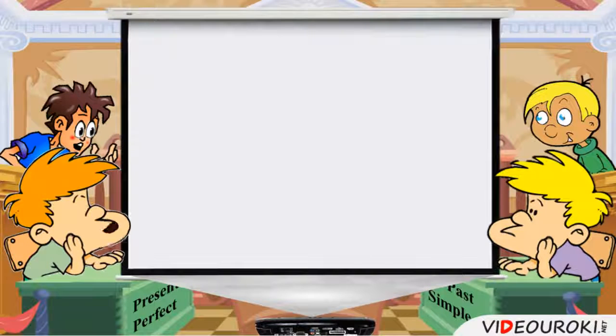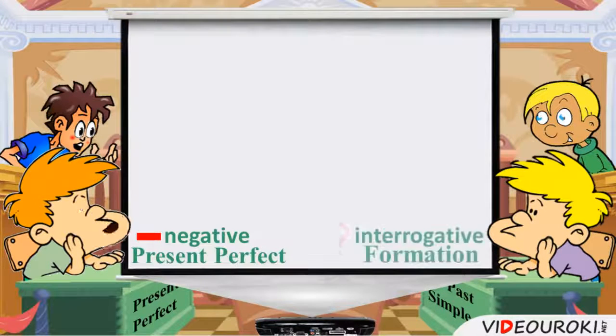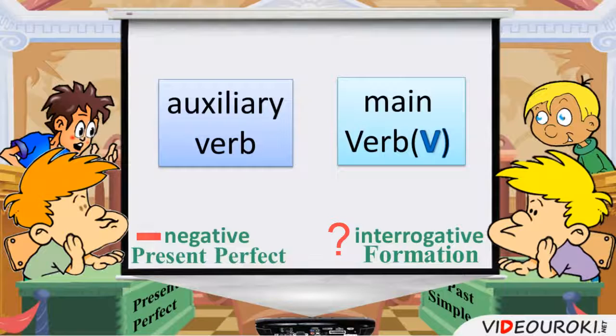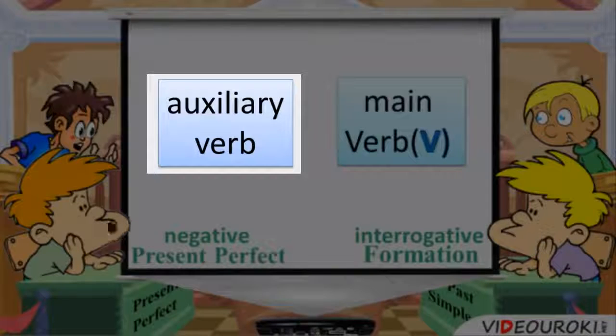We all know that to build negative and interrogative sentences in English, we need at least two verbs, an auxiliary and a main one, if we don't have modal verbs or the verb to be.